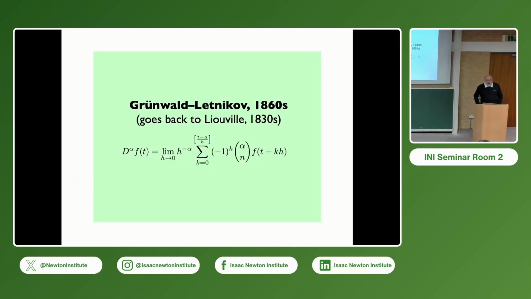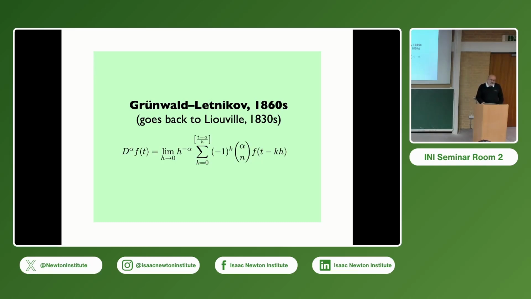And finally, there is the third version, Grünwald-Letnikov definition. Anton Grünwald from Prague, German Technical University in Prague, and Alexei Letnikov, I already mentioned his name, and they did this kind of definition, which was a generalization of finite differences.